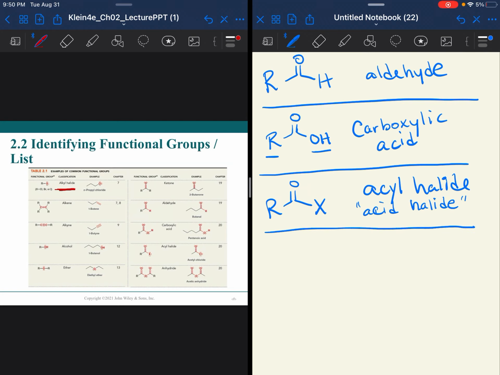Remember I said with ethers, the carbon had to be very simple on either side of the oxygen. Well, that's because if we have a carbonyl on either side of the oxygen, that's an anhydride. Sometimes they're called acid anhydrides, but there's always the word anhydride.